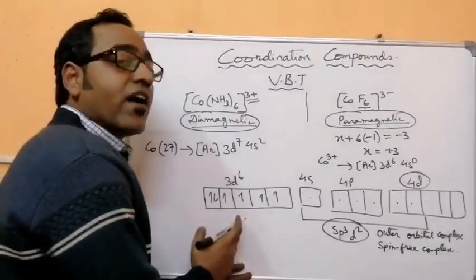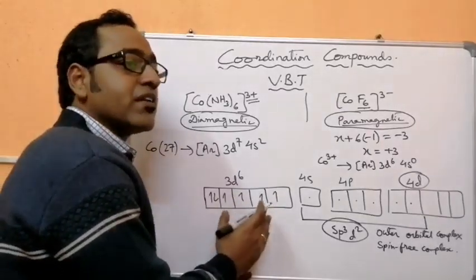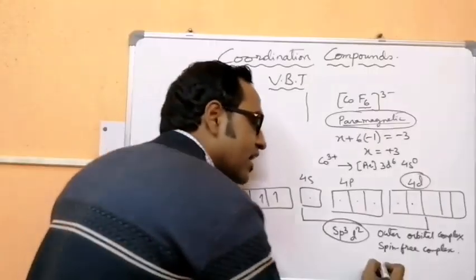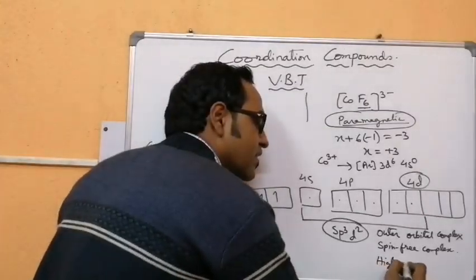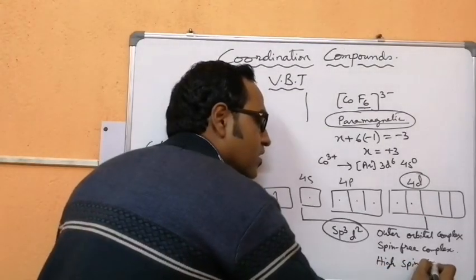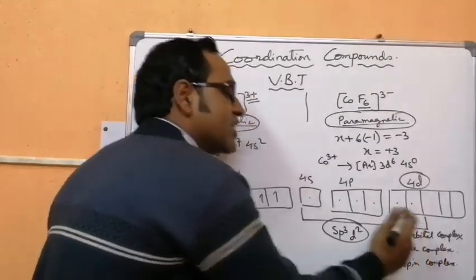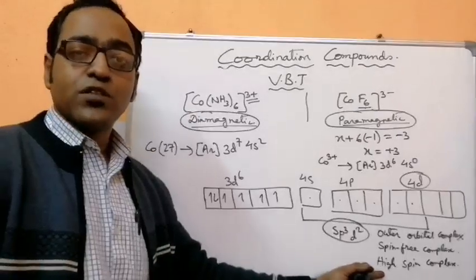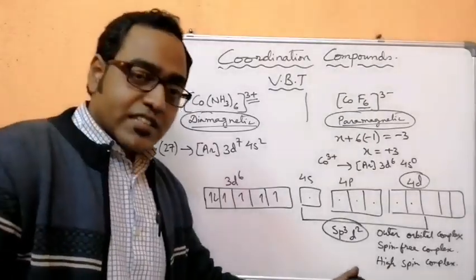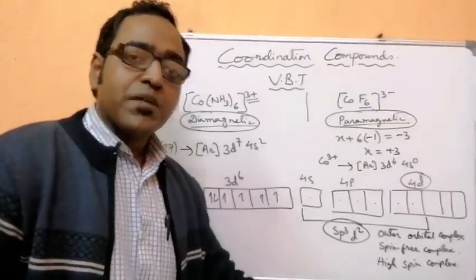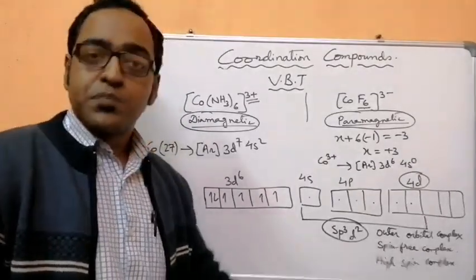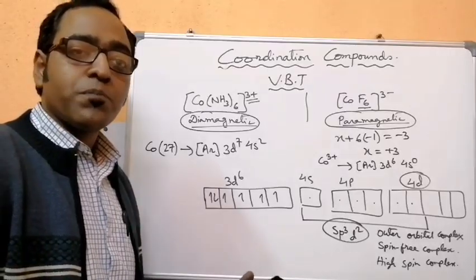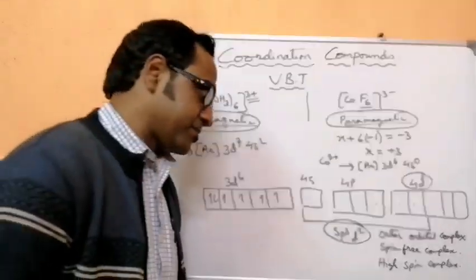Since they are of high spin, meaning all the spins are positive and add up, they are called high spin complexes. So all these 3 names are used: outer orbital complex, spin free complex, or high spin complex. Whenever it is written outer orbital complex, that means it is a spin free or high spin complex. Whenever it is written inner orbital complex, that means it is a low spin complex or spin paired complex.